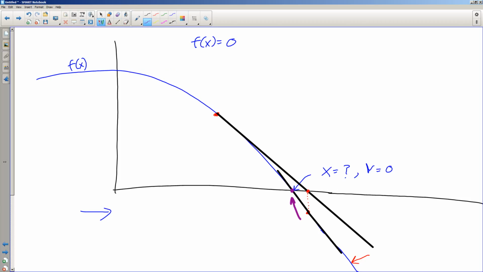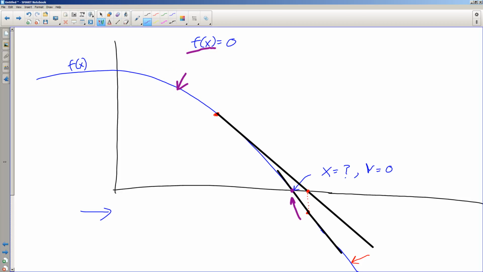Okay, and you can see within 2 iterations, I'm very, very close to where this original blue line crossed the axis. Okay? Now, it doesn't matter what this f of x is. You may say to yourself, well, why don't you just take the first derivative? Or why don't you just solve that equation? I'm sorry, just solve that equation and set it equal to 0.